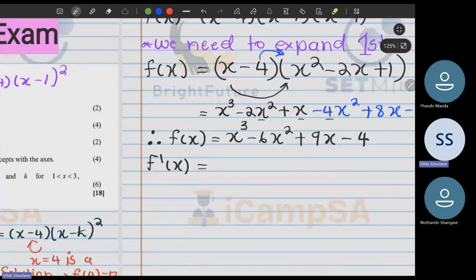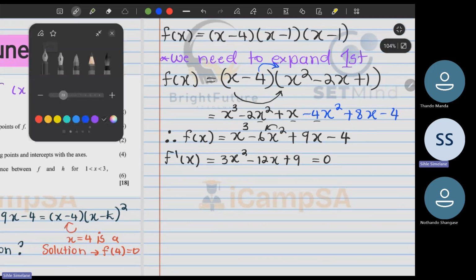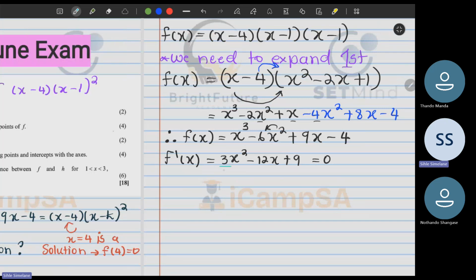So our f prime, if you remember by our power rule, we'll have 3x squared minus, you'll times by the 2 to get 12x, then minus 1, okay? So which means we'll end up with 3x squared minus 12x plus 9. And we'll equate this to 0. And in order for us to solve for x, well, we can do a couple of things. We can either try and divide by 3.